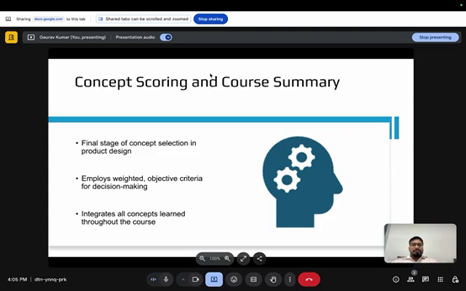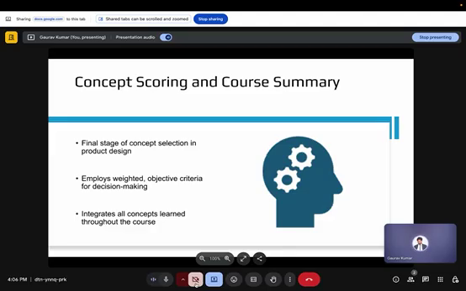So week 12 concludes the entire design process by emphasizing concept scoring, the final and most analytical stage of concept selection.